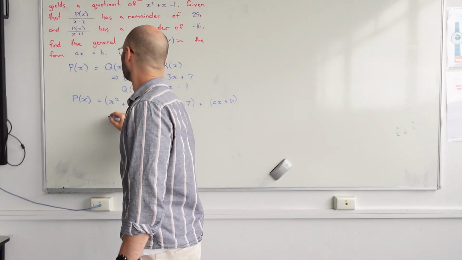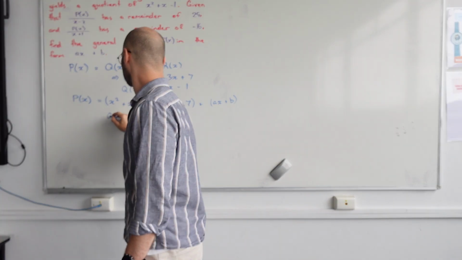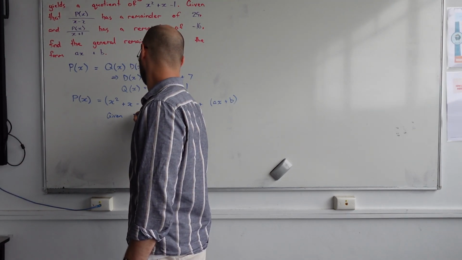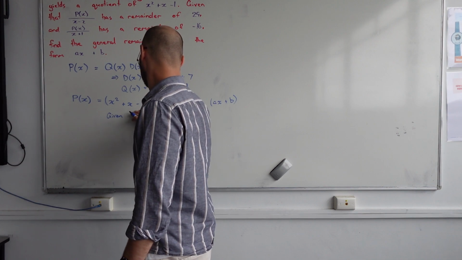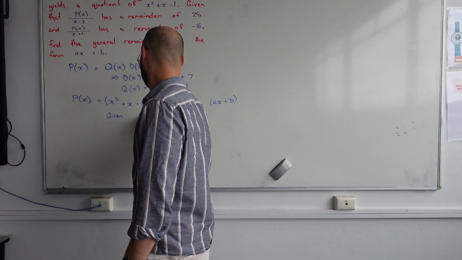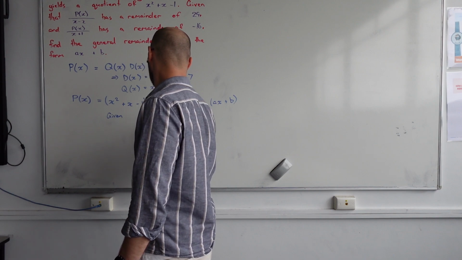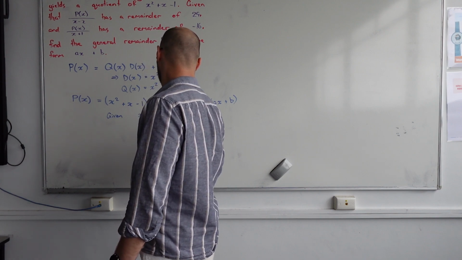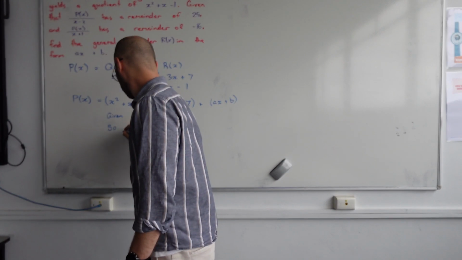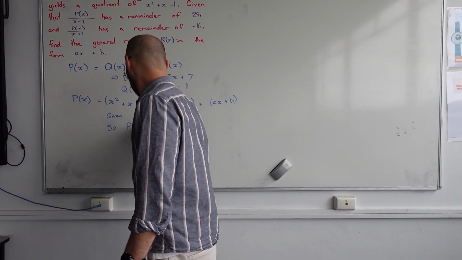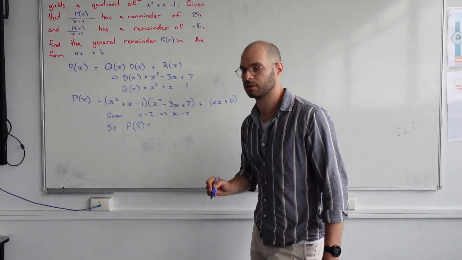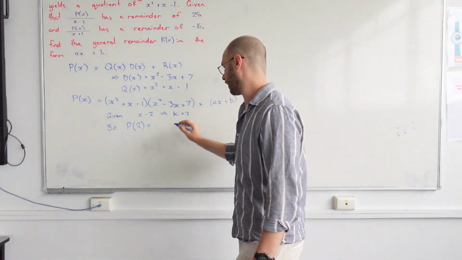So, given x take 2, we could set the k of this equal to 2. Hence, p of 2 is going to have a remainder of what? 29.